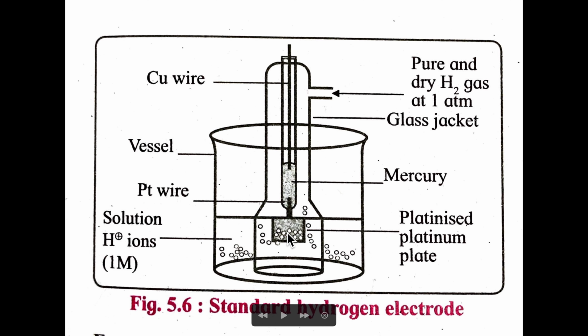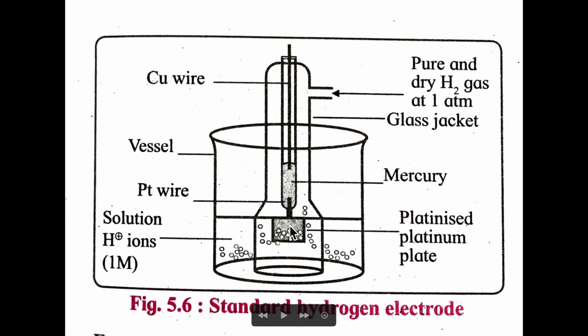You know that here we have to adsorb hydrogen gas, and adsorption is a surface process, so it depends upon surface area. To increase the surface area, this platinum surface is made rough by covering it with pure platinum. So this is called a platinized platinum plate.